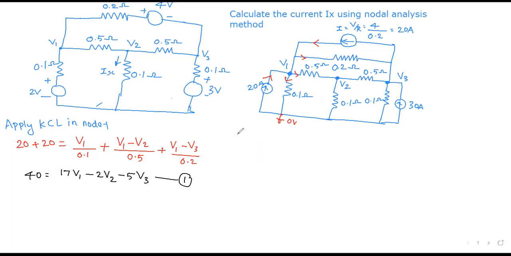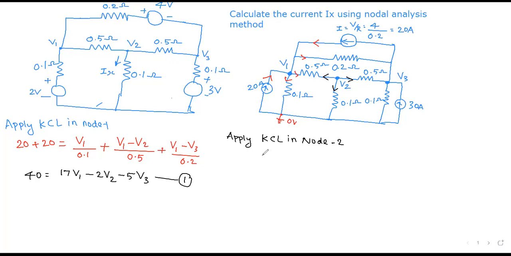Okay. Now I am going to apply Kirchhoff's current law at node 2. You look at this node 2, we don't have any current sources, right? So all the current is assumed to be leaving the node.